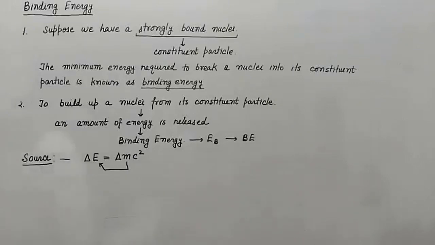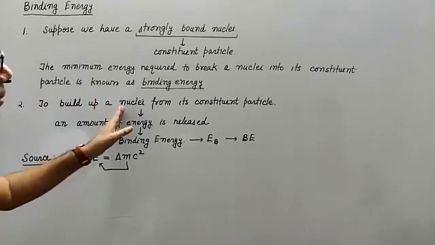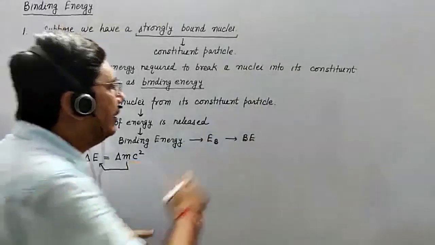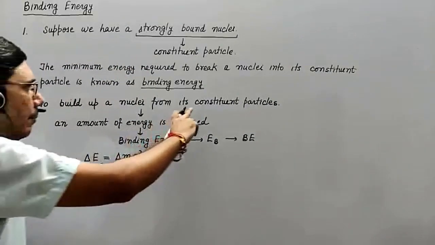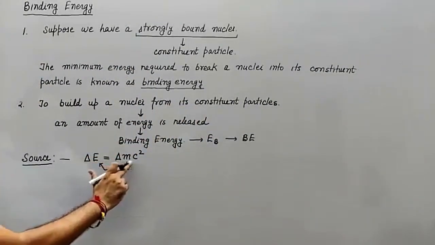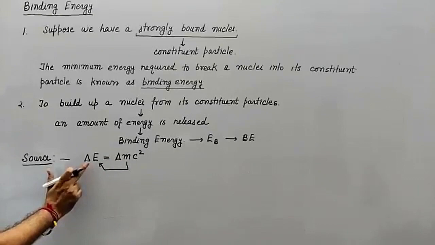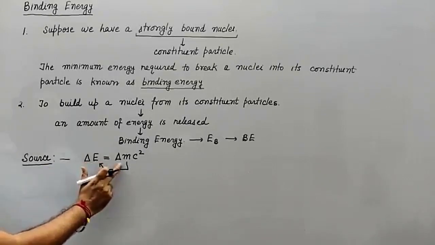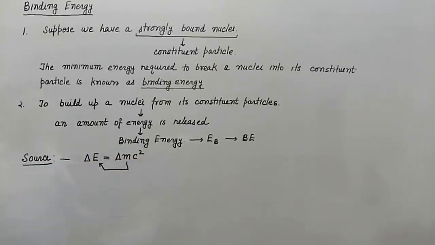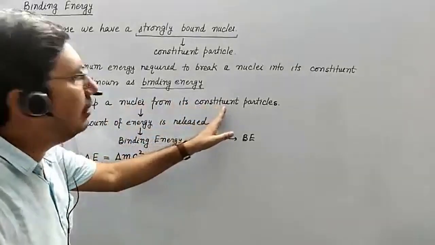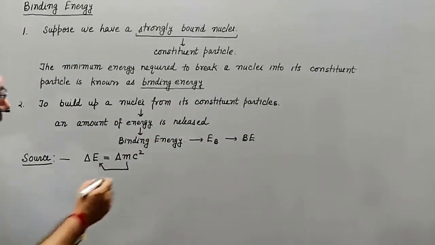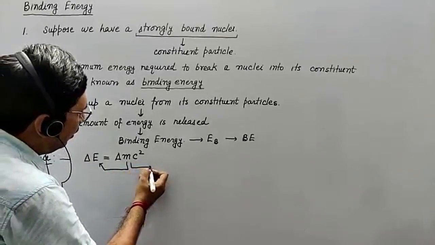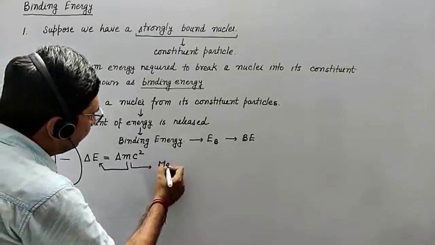So when we are forming a nuclei from its constituent particles, some mass of the constituent particles, delta m, will convert into energy, corresponding to the mass-energy formula, delta E equal to delta m c square. In this process of formation of nuclei from the constituent particles, whatever mass is lost is known as the lost mass or mass defect.